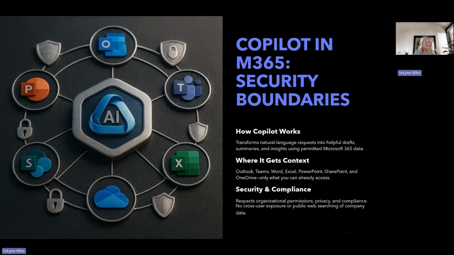So when it comes to working with Copilot within your 365, just so you know, it does have the Microsoft security. So we don't have to worry about putting confidential information on there, it's not going anywhere.